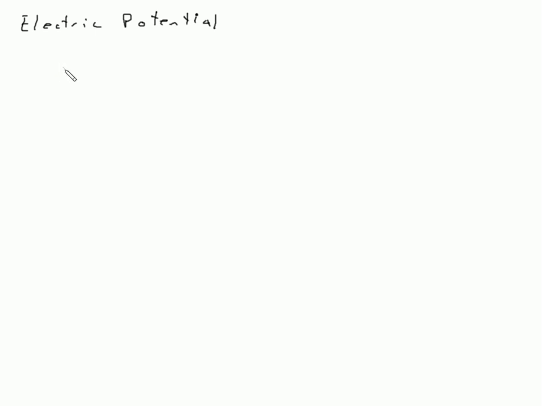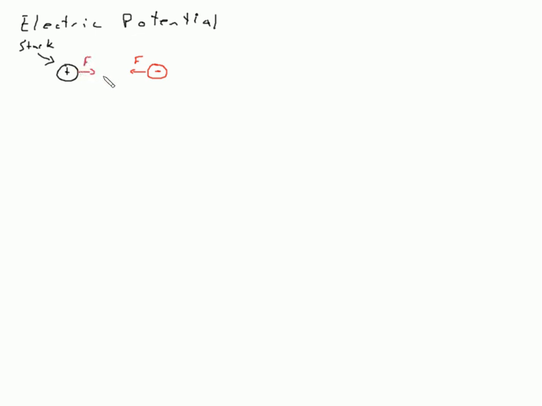Let's say we have a positive charge right here. Let's say it's stuck. We'll stick it down here so it can't go anywhere. And say I have a negative charge over here somewhere. We know that opposite charges are going to attract. There's a force of attraction here that pulls between the two of them.